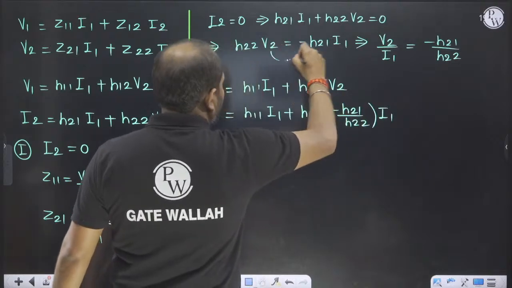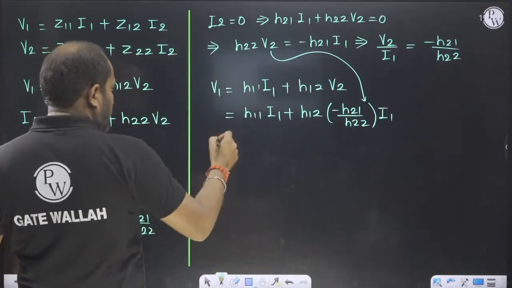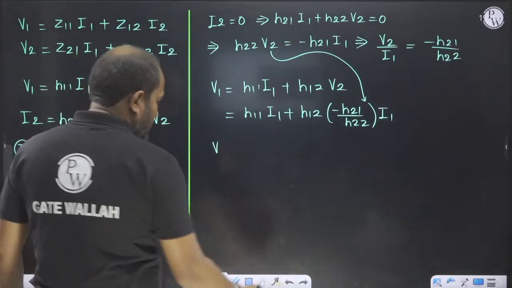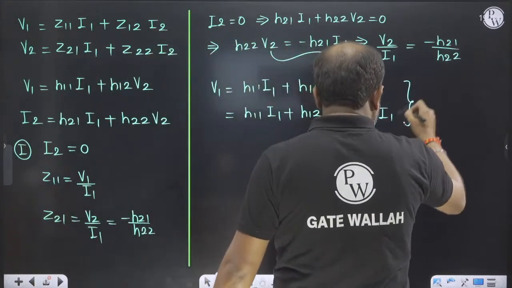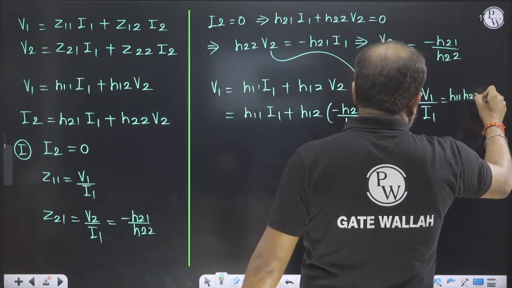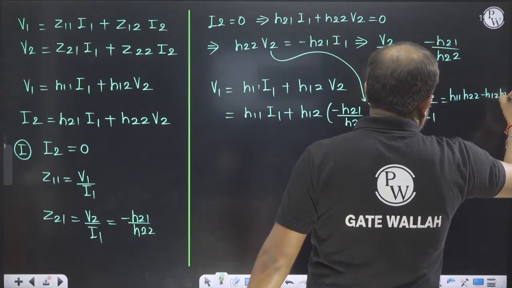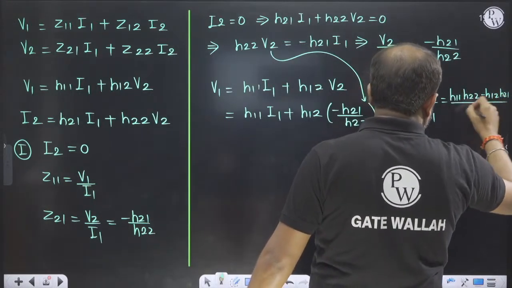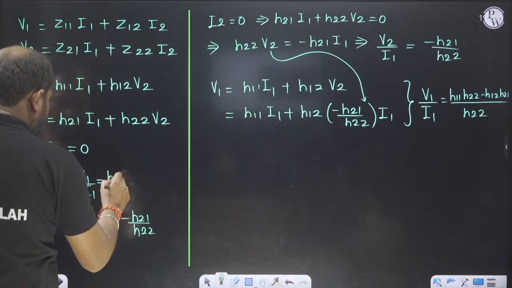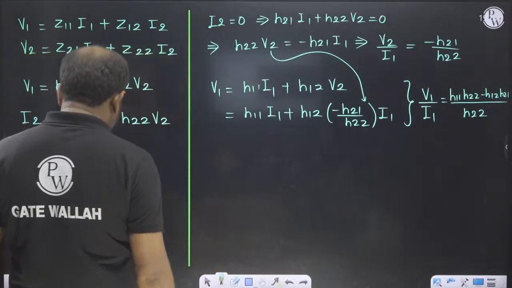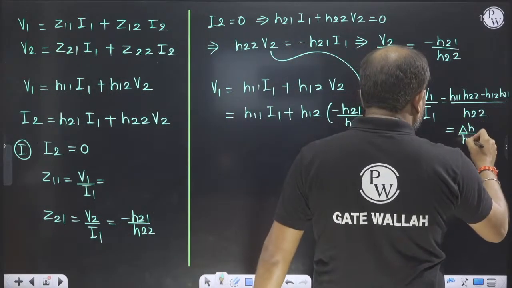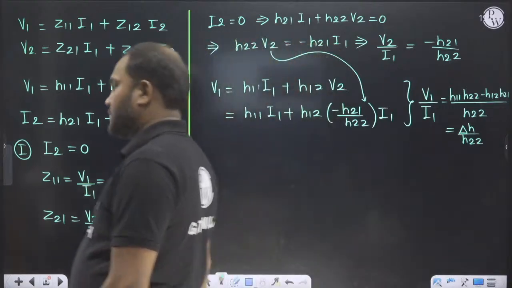So what will be V1 upon I1? V1 upon I1 will be equal to (H11 H22 minus H12 H21) divided by H22. So it will be the determinant of H, delta H upon H22.